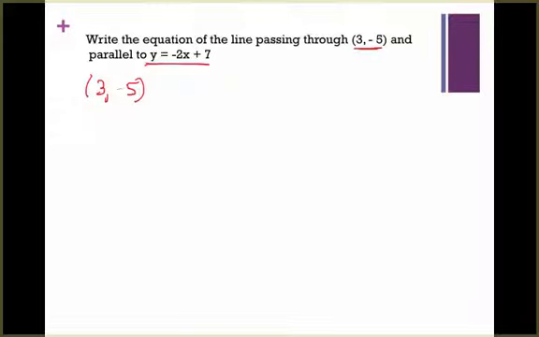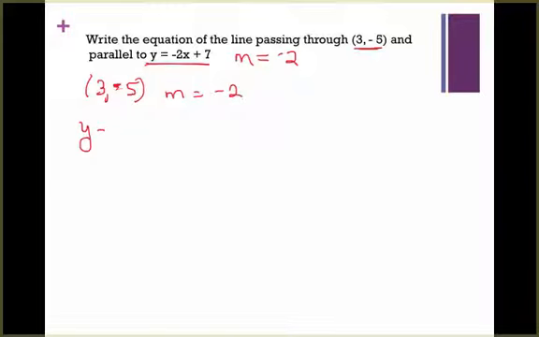Recalling what we just said about parallel lines, we know that lines that are parallel have to have the same slope. So if I'm parallel to y equals -2x plus 7, for that equation, my m, or my slope, is -2. So the equation of the line I'm trying to write must also have a slope that's -2. Now I'm going to use my point slope form.